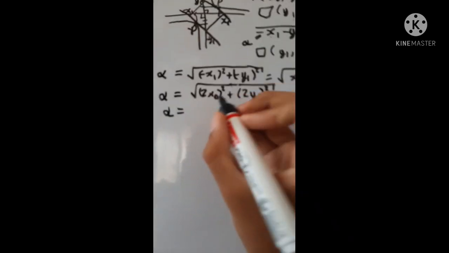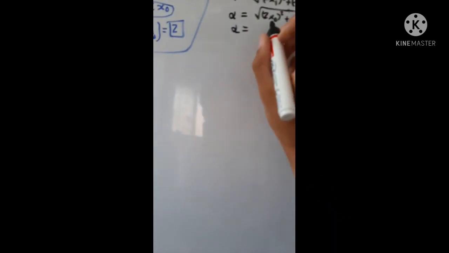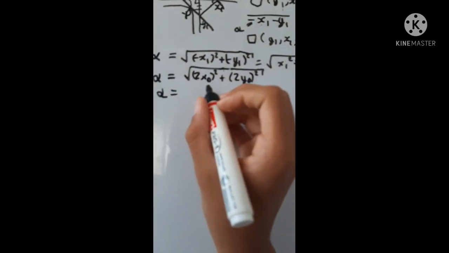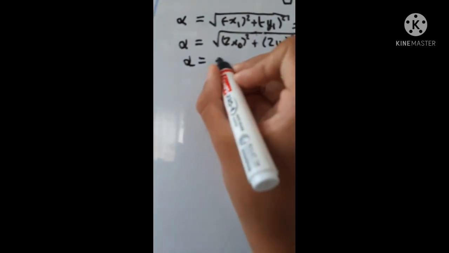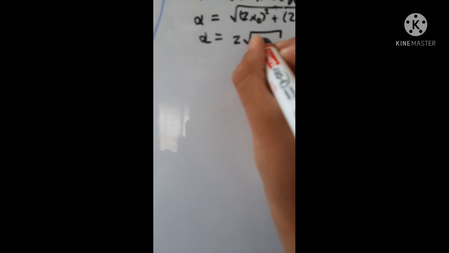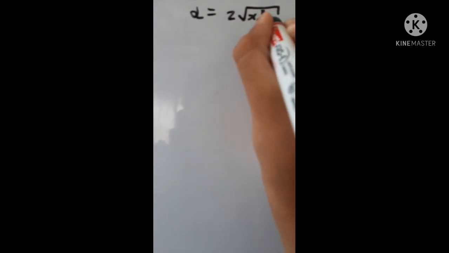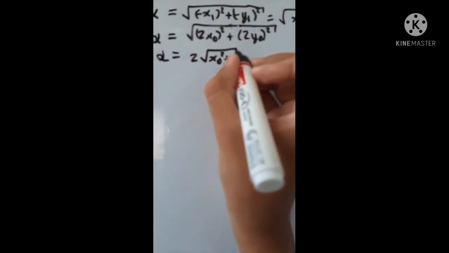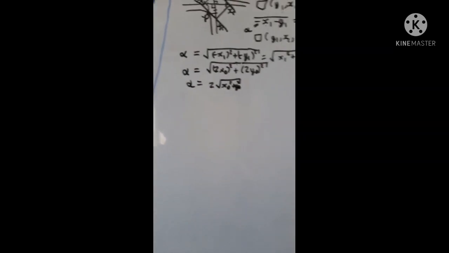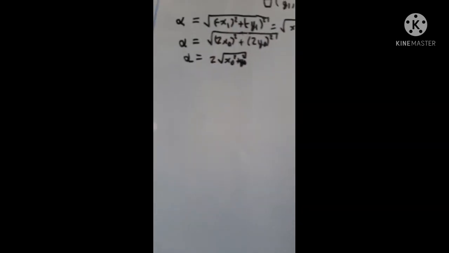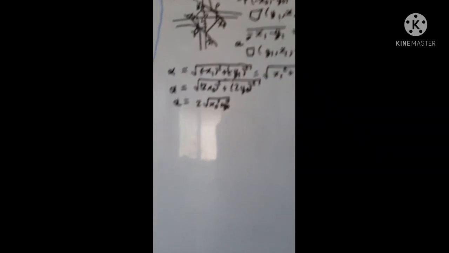All that is 4x0 squared plus 4y0 squared, and let's factor out the 4. So 4 becomes 2, times the square root of x0 squared plus y0 squared, right? That seems good enough. Okay, wow, that was pretty good. This is absolutely not planned out.